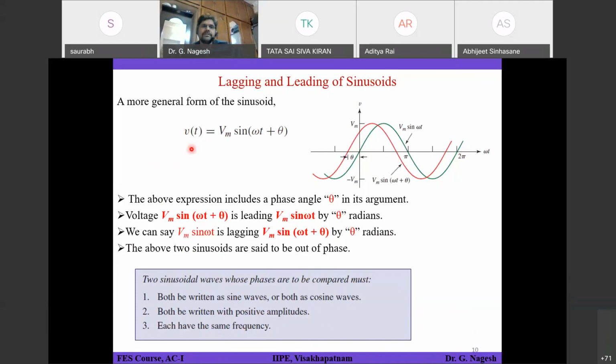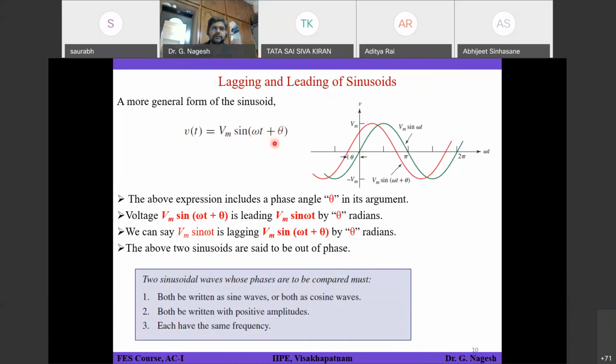The previous one, V equals Vm sin omega t, is where the phase angle was not given. This is a more general form, where V of t equals Vm into sin of omega t plus theta. This theta is called the phase angle.